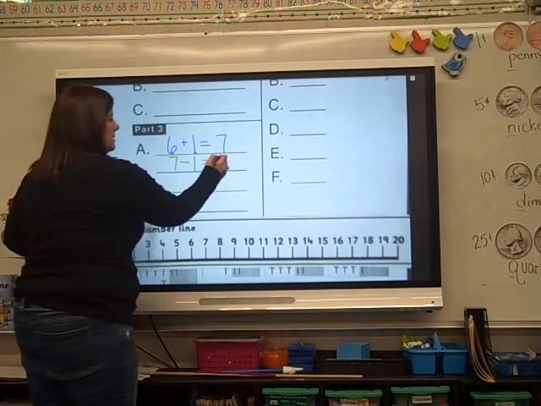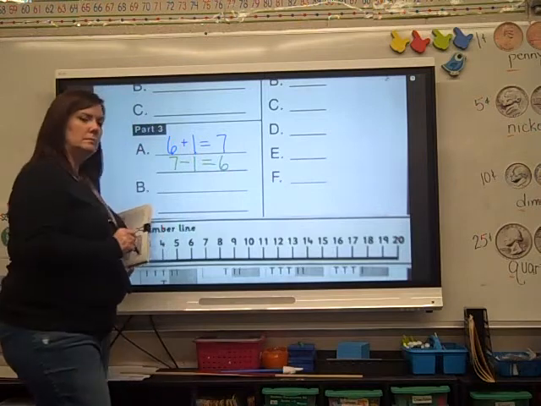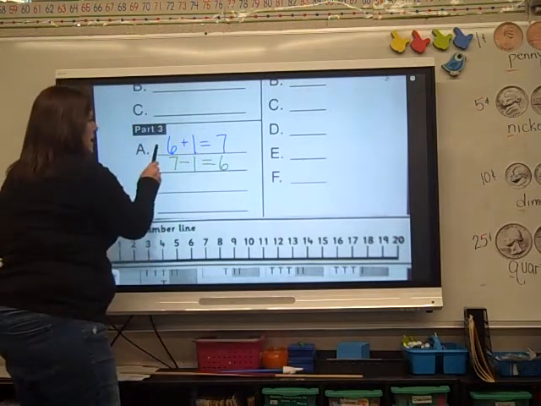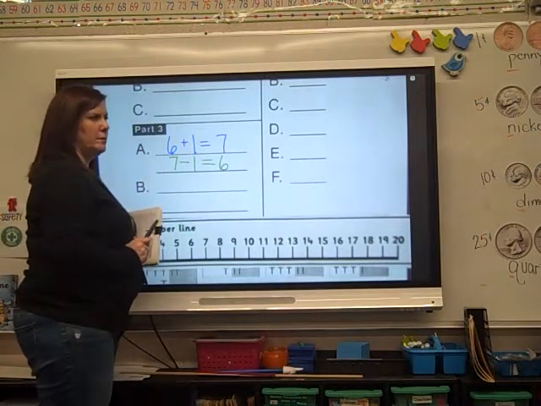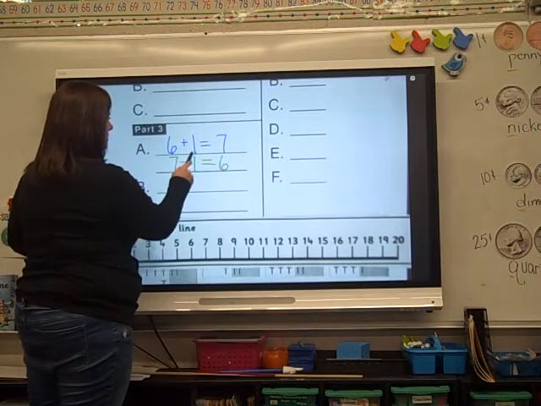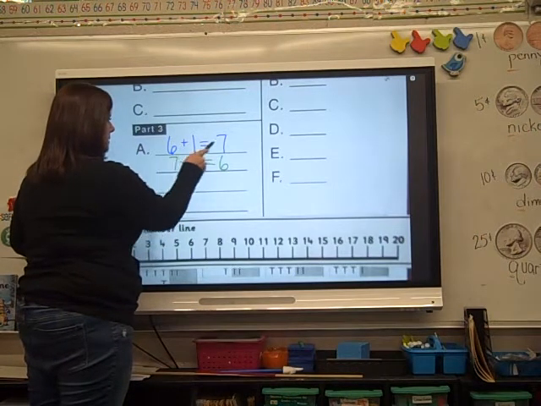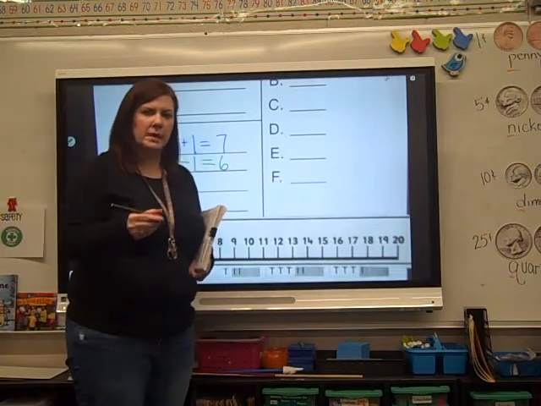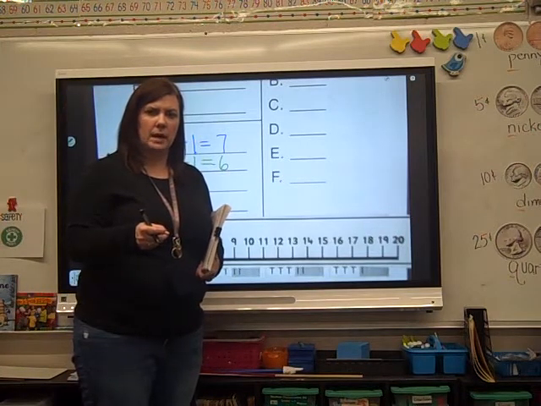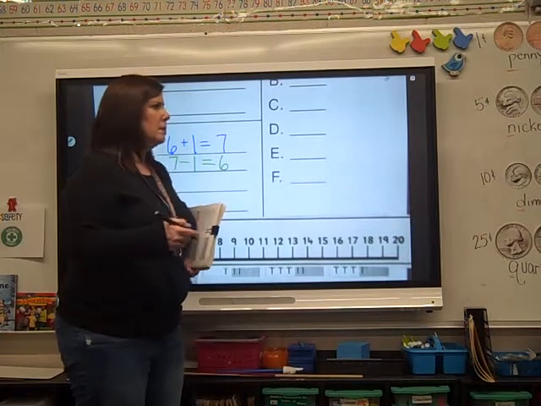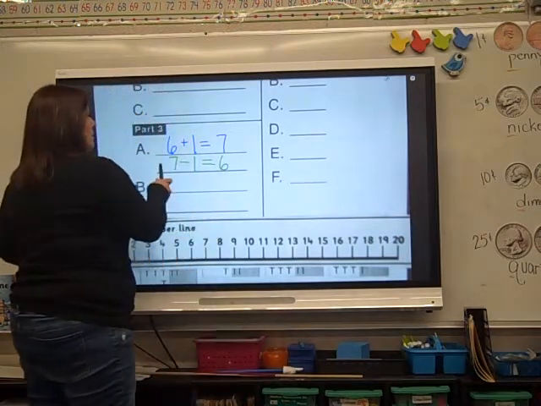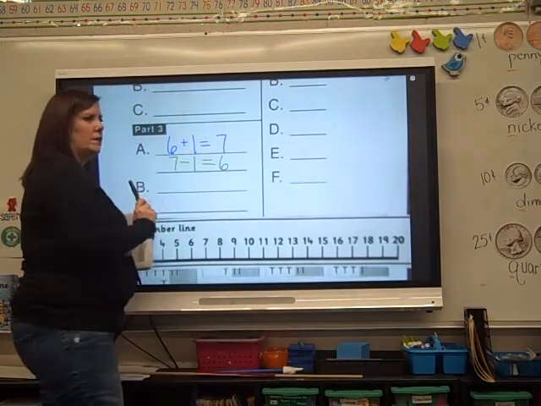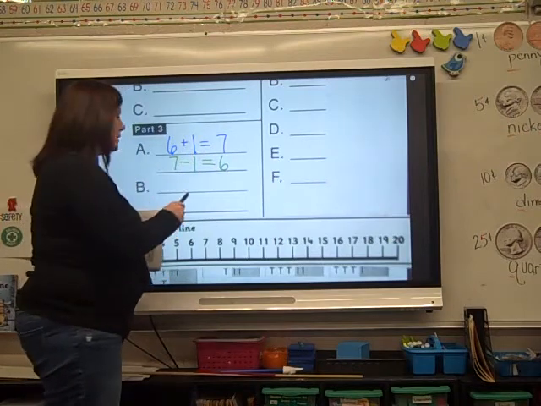Did you get 6? Do you notice how these two math problems have the same number? 6, 1, 7. Do you notice that's like your fact families on reflex? Okay, so those go in a fact family. All right, let's try one more.